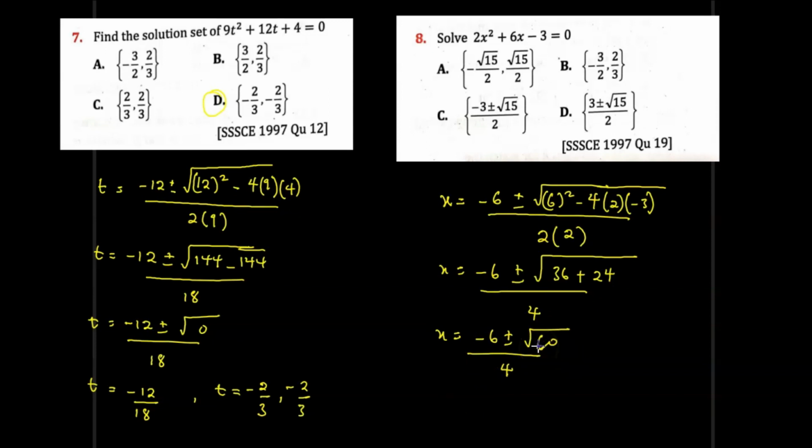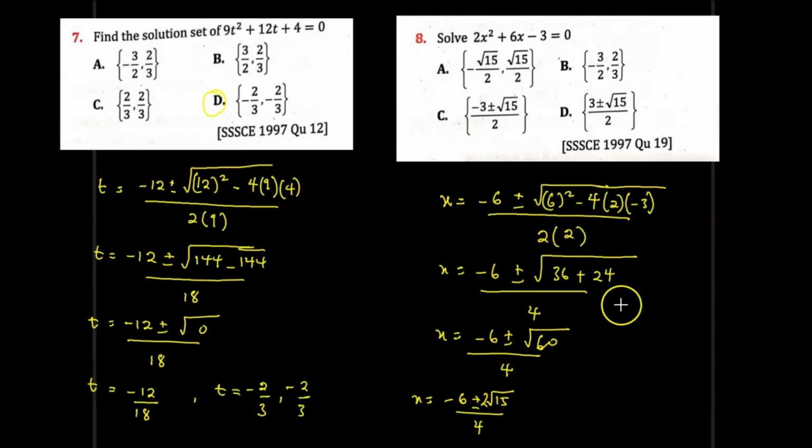Square root of 60 gives us an answer of 2 root of 15. So if we have 2 root of 15, then our x value is x equal to minus 6 plus or minus 2 root of 15, all divided by 4.